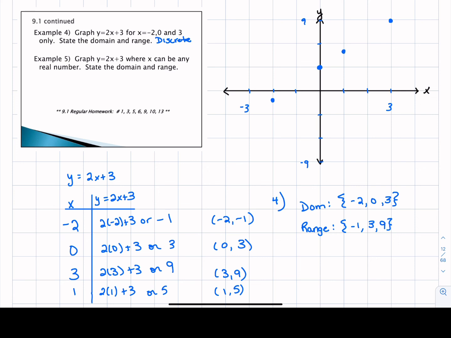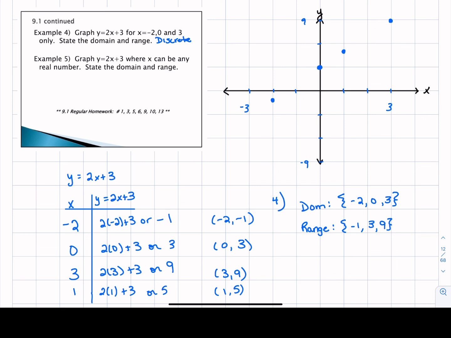Now, if I could choose any x value in the whole wide world, if I really wanted to, I could choose an x value of 1.5, or I could choose an x value of -1 or -0.7. I could choose any x value I want. But what you're going to notice is that this is a linear function, right? It's a straight line.